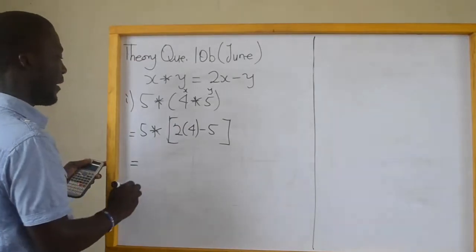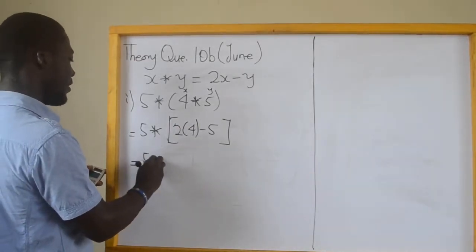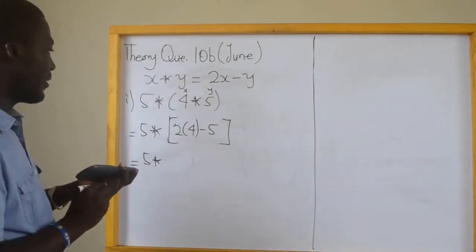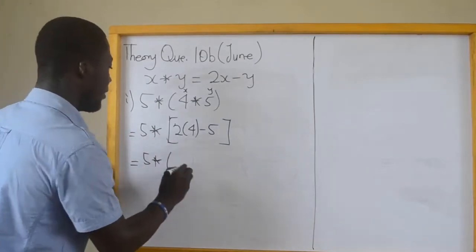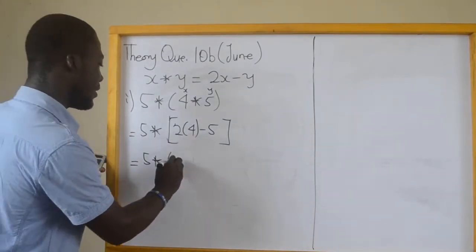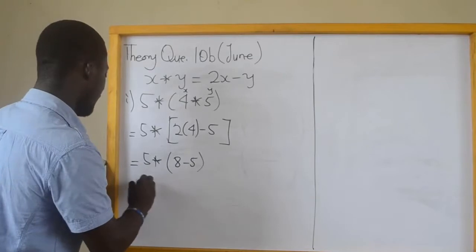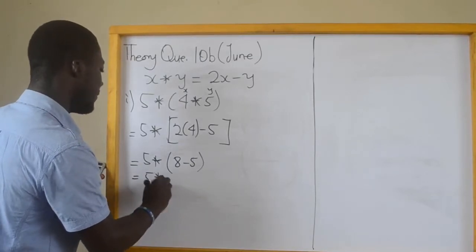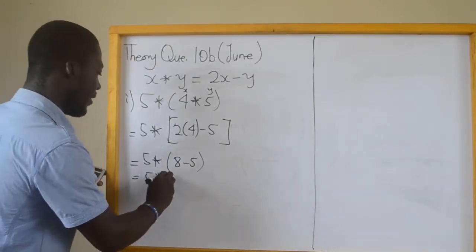And we simplify. We are going to get 5 star, 4 times 2 is 8 minus 5, which will give us 5 star 3.